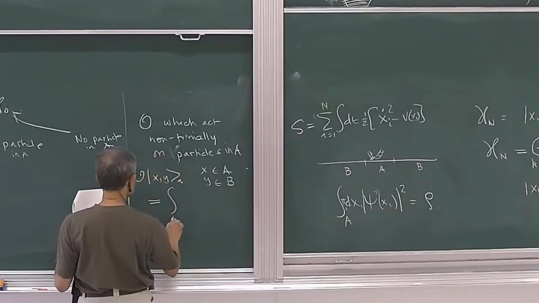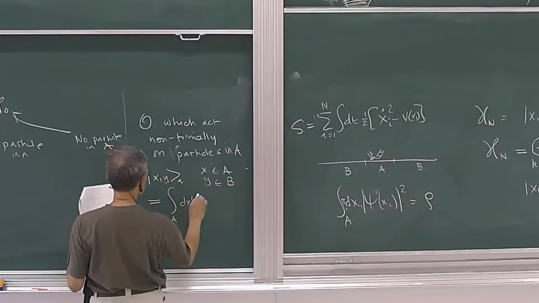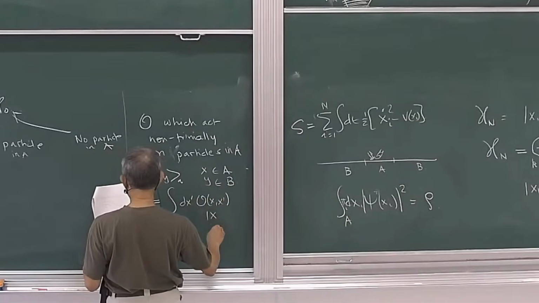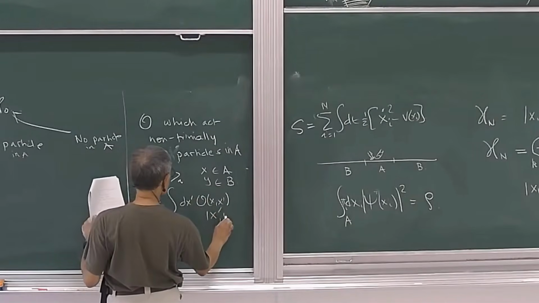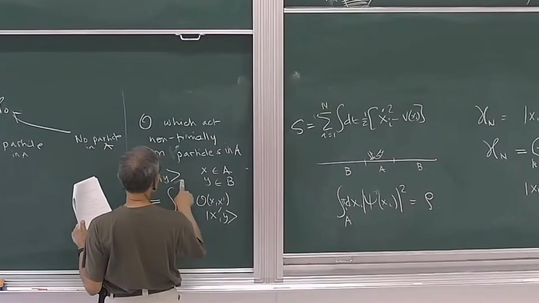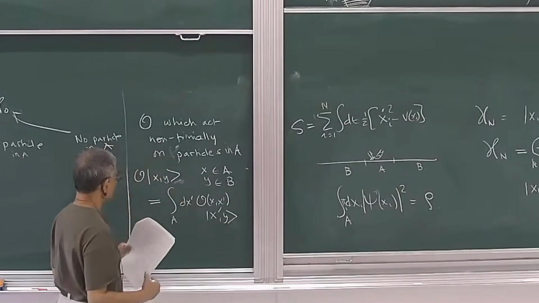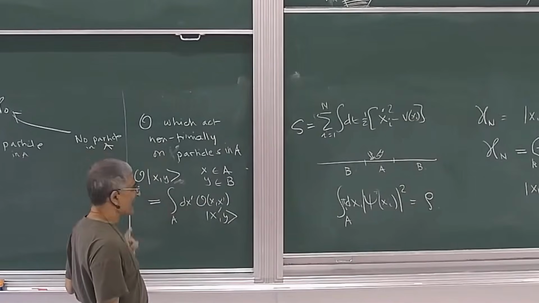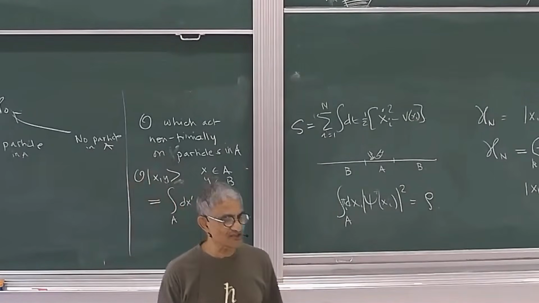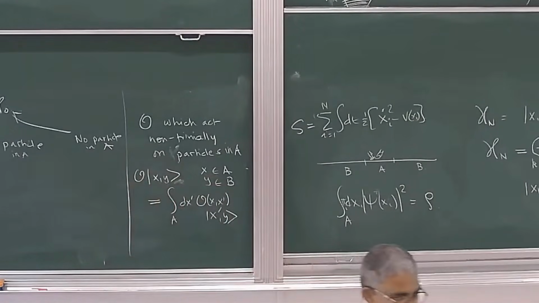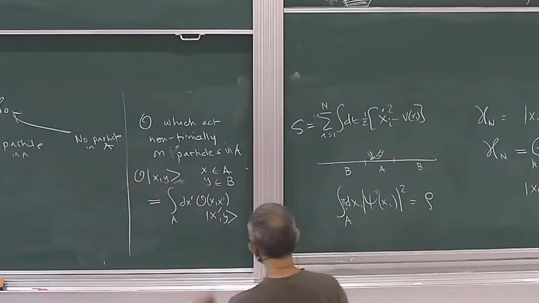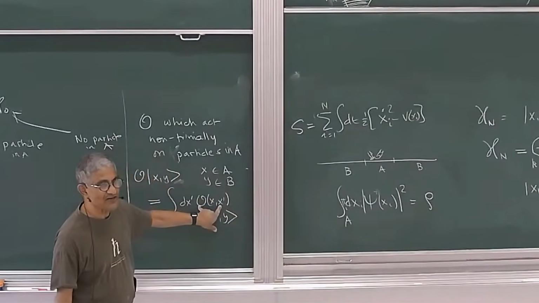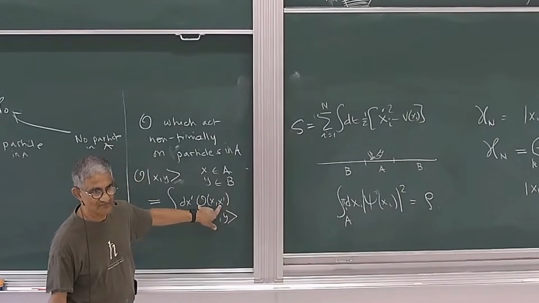So this A is always there, always antisymmetrized. What this means is that this operator doesn't do anything to the particle which is living on the complement. And it does something to the particle which is living in A, and the result of that matrix element is this O of X X prime.